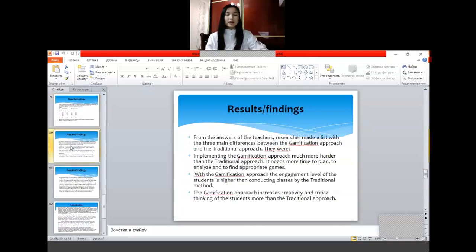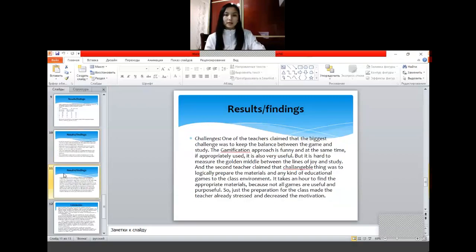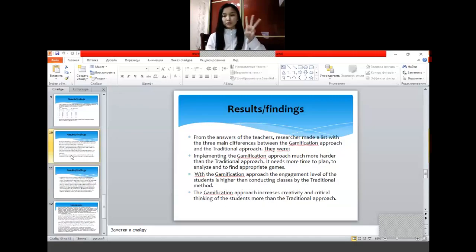And here are the results about the differences between the gamification and traditional approach. This is from the answers of the qualitative research methodology from teachers. They mentioned three main differences between the gamification and traditional approach.